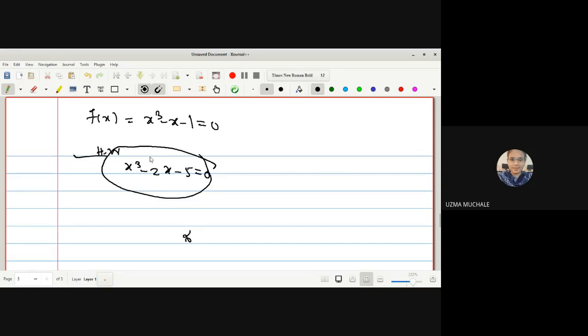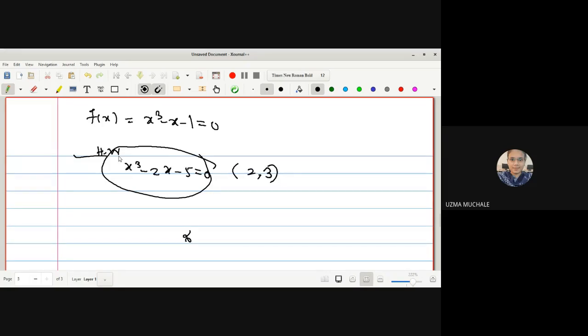This was homework for you, and you have to tell me the answer tomorrow. What is the root of this equation, approximately, x cube minus 2x minus 5? I will give a hint for the interval you can choose. Maybe 2 to 3.